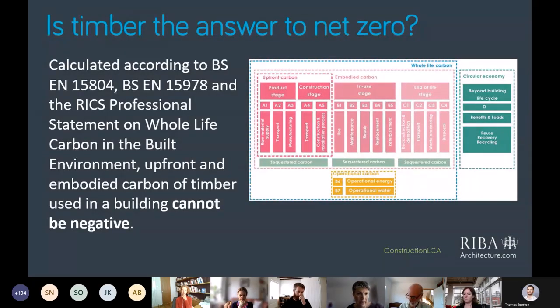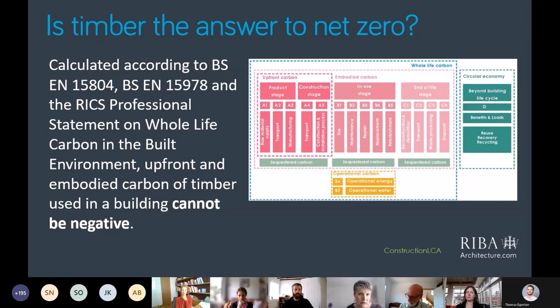So when we calculate using the standards that Louisa talked about, and we use these definitions that we've developed, if you look here, upfront carbon doesn't include sequestered carbon. So it's basically just the impacts of producing products. You're not able to include the benefit of sequestration in your upfront carbon figure.